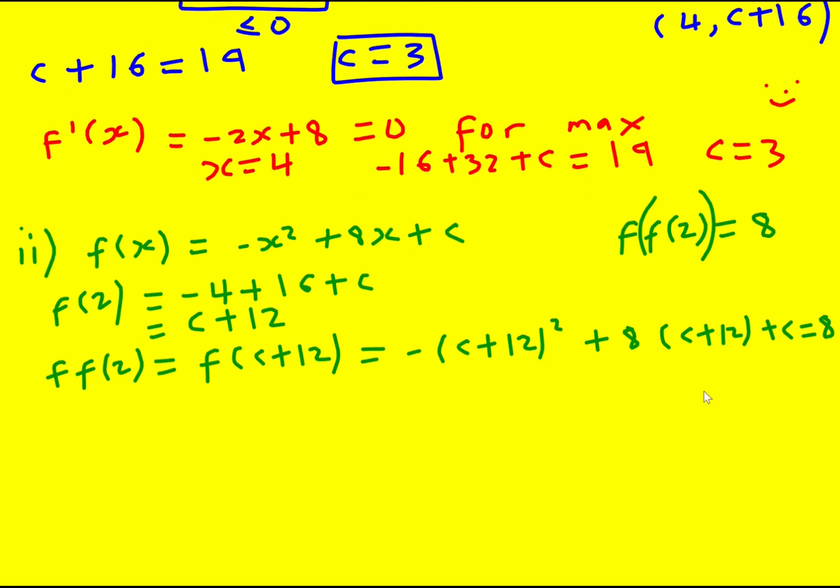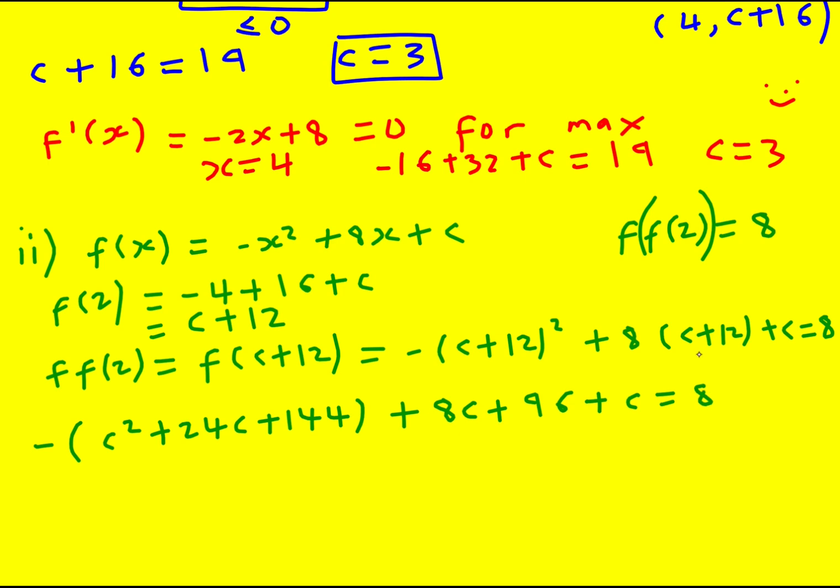Well, it almost looks like a hidden quadratic in c plus 12, but I've got a c there, so I'm going to have to expand this. Keep the minus, I'm going to get c squared plus 24c plus 144. And then expand this one, 8c plus 96 plus c equals 8.